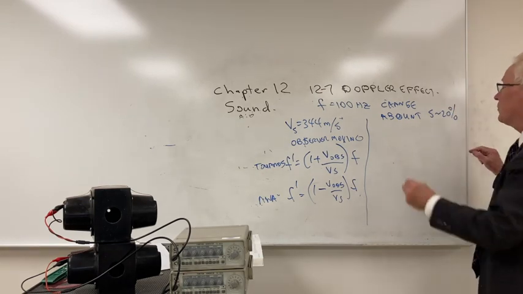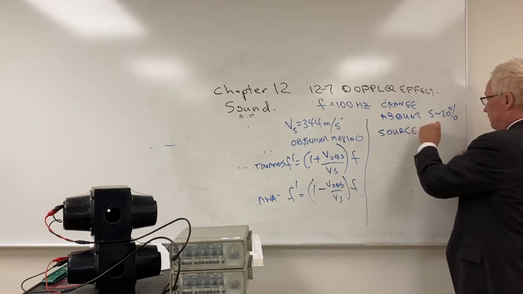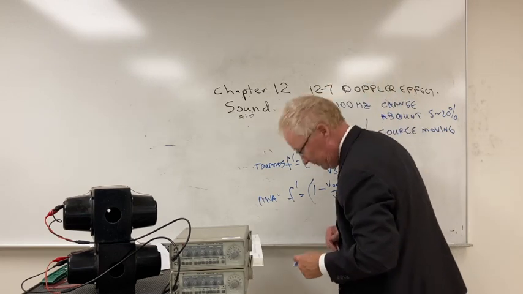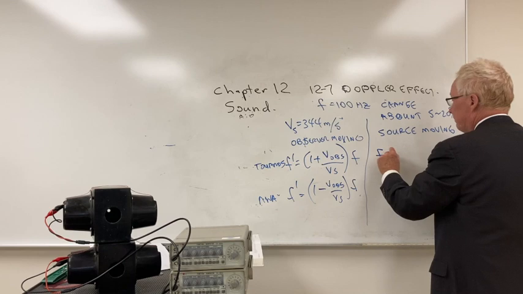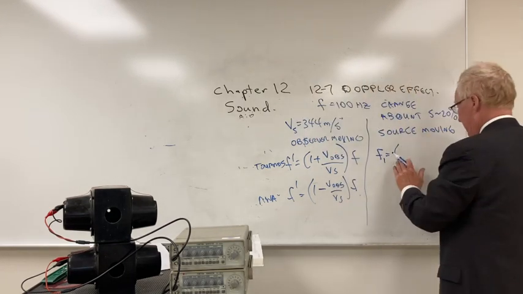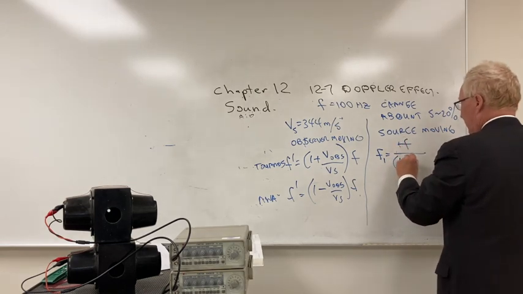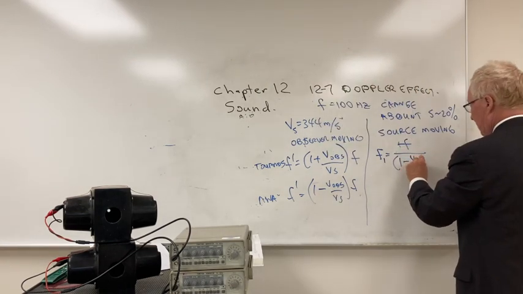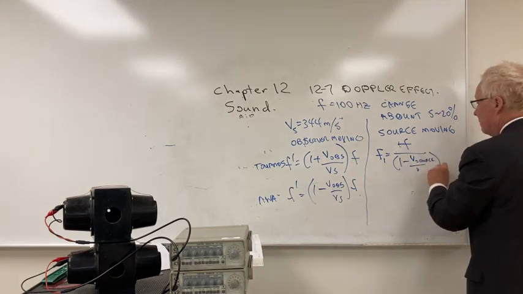Then if we have the source moving towards, F prime will be F over 1 minus V source over V sound.